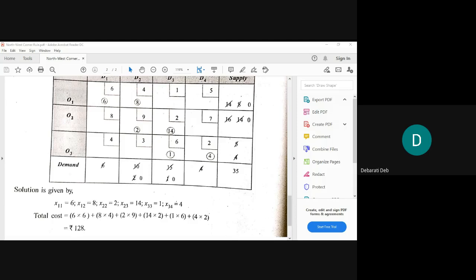Yes, ma'am. Rohit Bansal, you understood? Yes, ma'am.